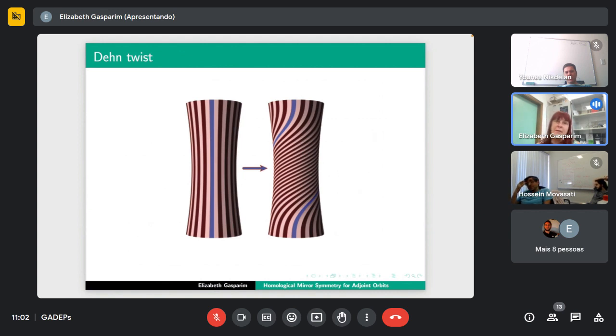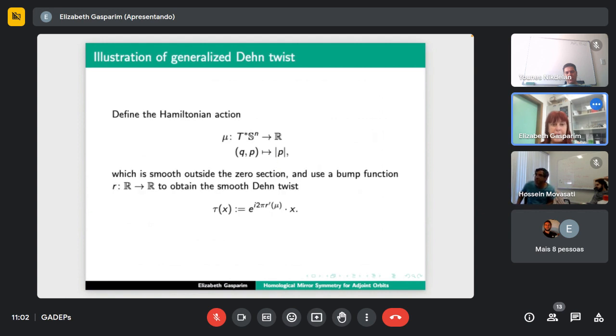So it's one thing to comment, because in each of our examples, we always have that every singularity is of Morse type. That means that the monodromies are always Dehn twists. So here is the illustration of a Dehn twist. Now, the illustration I'll do of Floer homology is using Dehn twists.